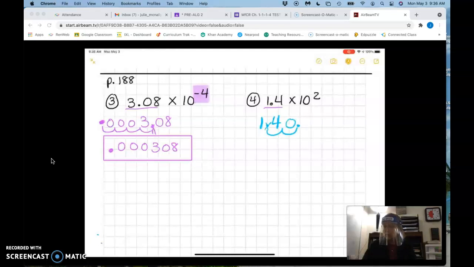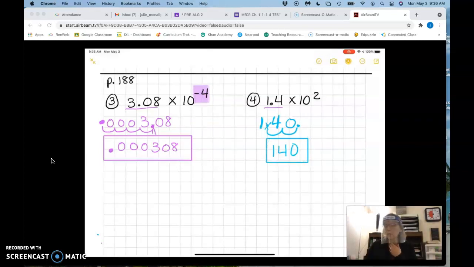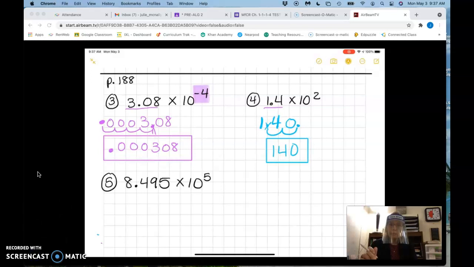A 0. So my new number is going to be 140. And you don't have to put that decimal on the end because it's on the end, but if you want to, you can. Go ahead and try number 5 on your own, and then we'll be right back and you can see if you got it right.